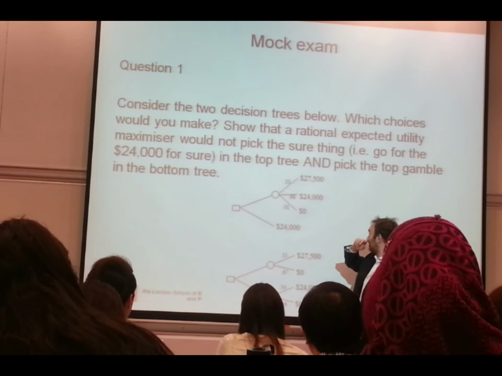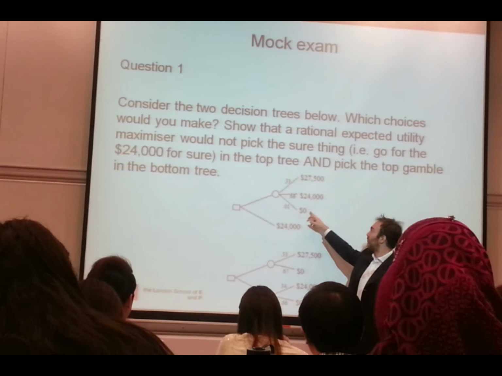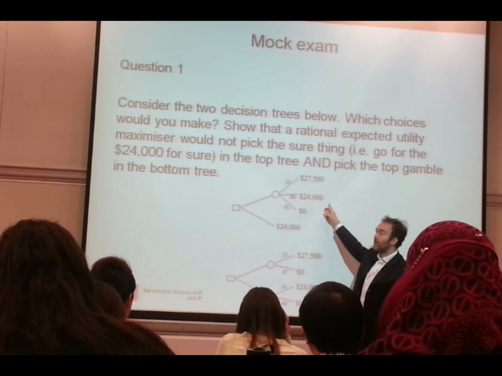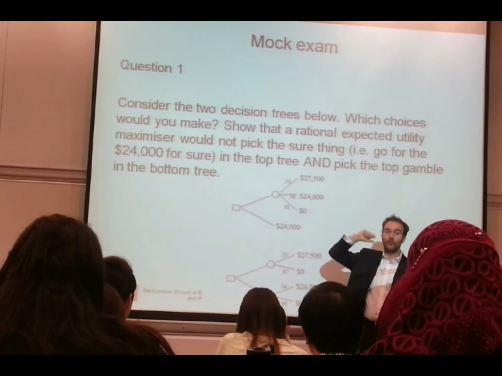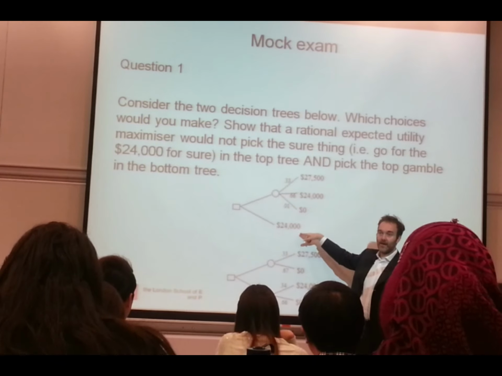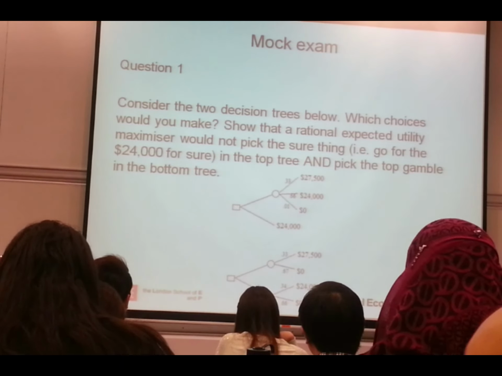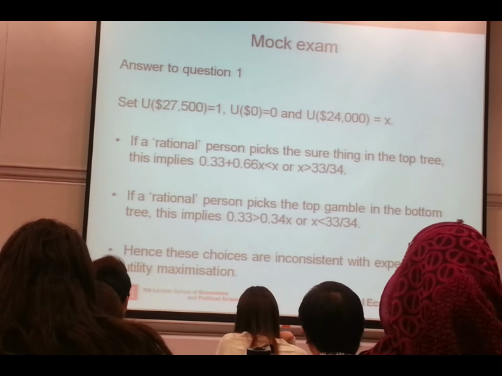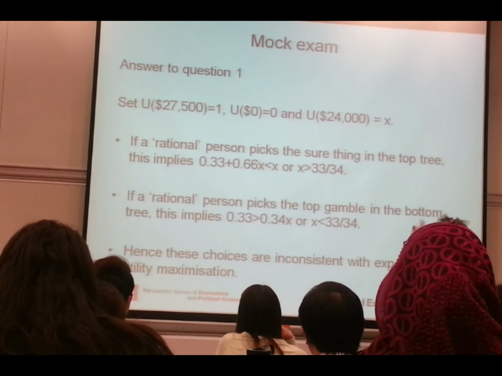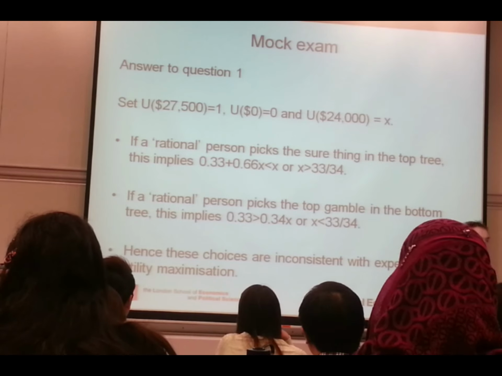So this gives us 0.01 times 0, plus 0.66 times x, plus 0.33 times 1. That utility has to be lower than x. Okay? So 0.33 plus 0.66x must be smaller than x, or if we rearrange, that means that x has to be bigger than 33 divided by 34.